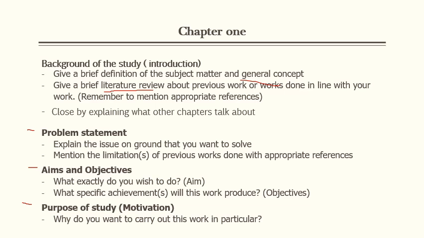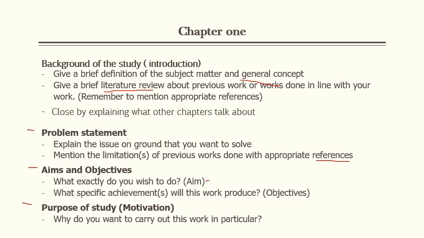So under this chapter 1, you have your problem statement. You explain the issue on the ground that you want to solve. You mention the limitations of previous works done with appropriate references. All these ones will be brief. Then you have your aims and objectives. What exactly do you wish to do? That is your aim.